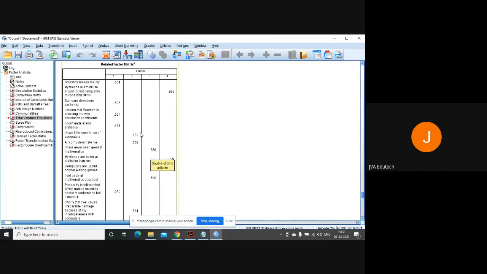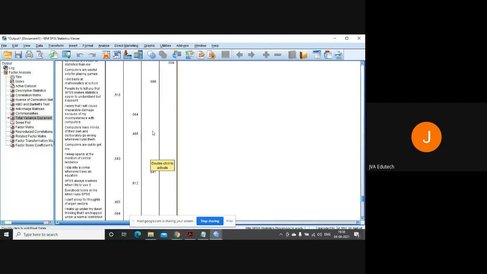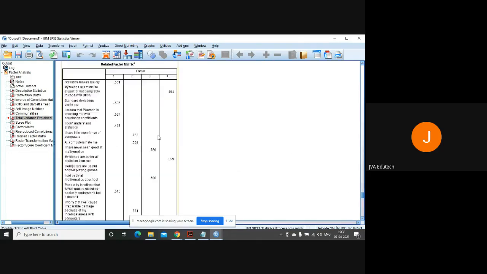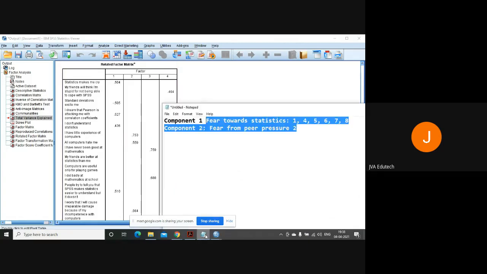This we are getting after factor rotation. After rotation, you can see that there are a lot of values that have loaded on different factors. So now we have 4 factors. Let's see which one is loading on which. Factor 1.